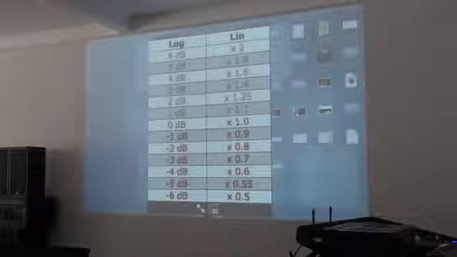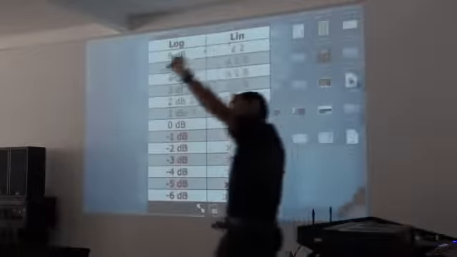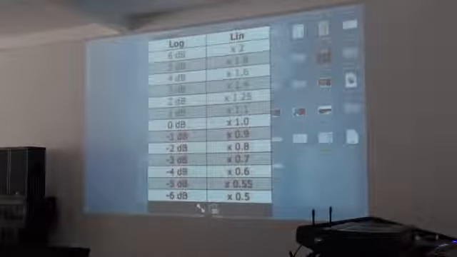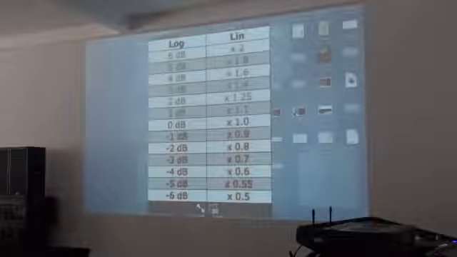And then from 1 dB to 6 dB the sequence is 1.1, 1.25, 1.4, 1.6, 2. And from 0 to minus 6 dB the sequence goes 1, 0.9, 0.8, 0.7, 0.6, 0.55, and 0.5.